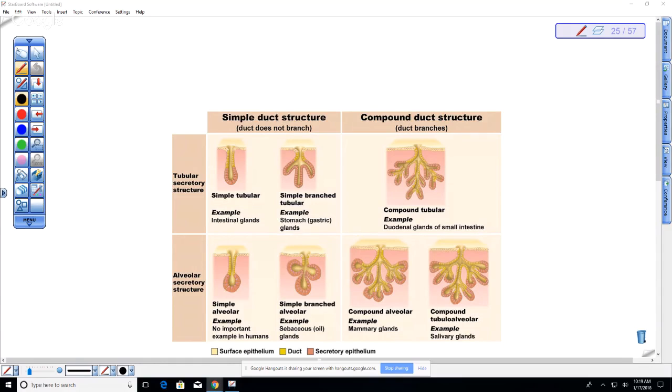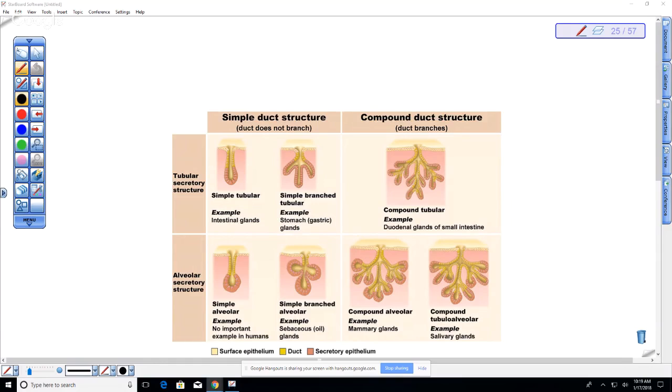So in the case of sweat glands, that would be to the surface of the skin. In mammary glands, that's towards the nipple, so that the baby, when it suckles, can uptake the milk. And then the gastric glands of the stomach would be producing gastric juice, which includes strong hydrochloric acid. So these are just some examples of the types of exocrine glands.